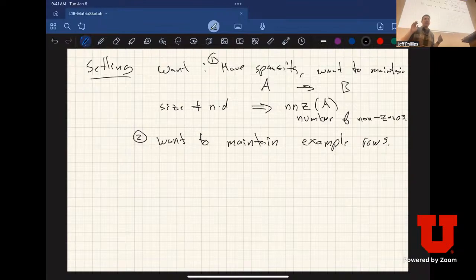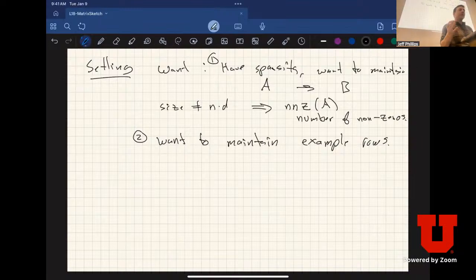We're going to call it row sampling instead. So I want to maintain example rows. And so I don't want to think of what the result of SVD or of frequent directions is giving you, these right singular vectors, which are linear combinations of all the directions. They're not really individually interpretable. Okay, so I want things I can individually interpret what they mean, and then to look at the subspace defined by those things.